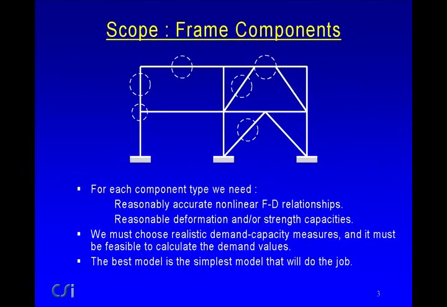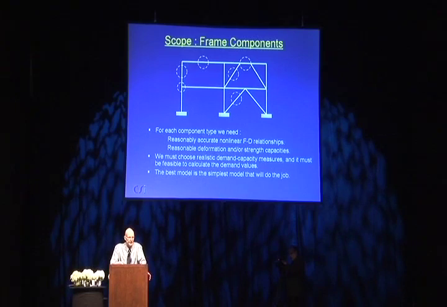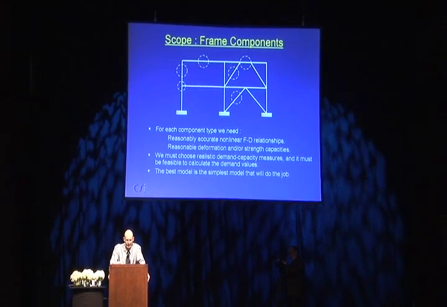And correspondingly, when we're calculating displacements for the structure, we'd like those displacements to be reasonably accurate, if only, for example, so that P delta effects are calculated correctly. And so we'd like the stiffnesses to be reasonably accurate also. So a reasonably accurate nonlinear force deformation relationship.